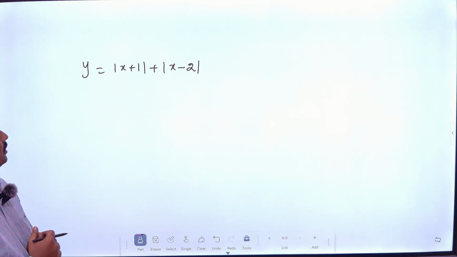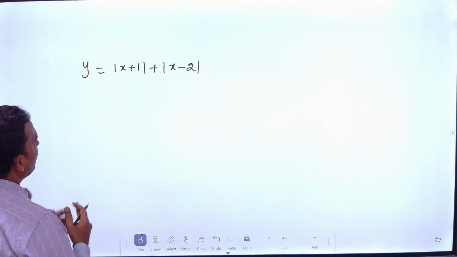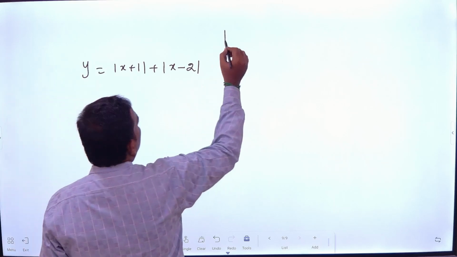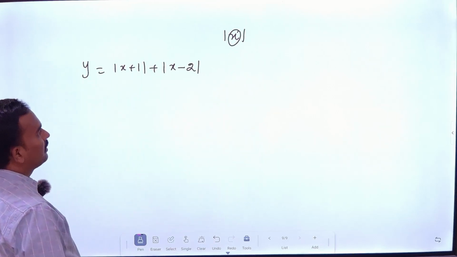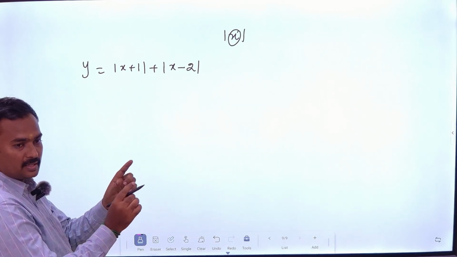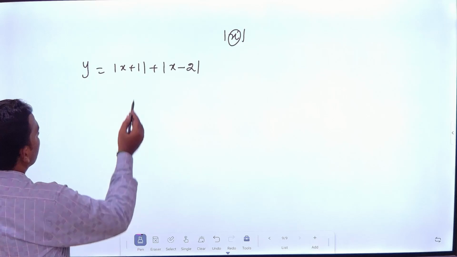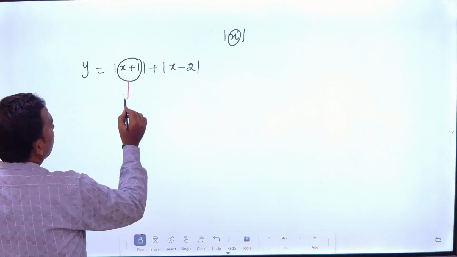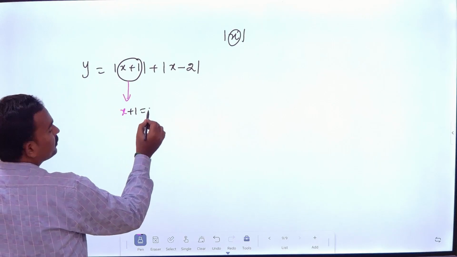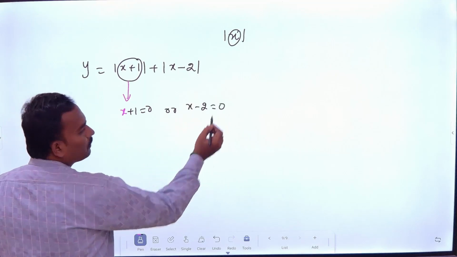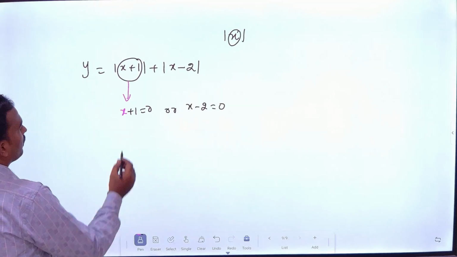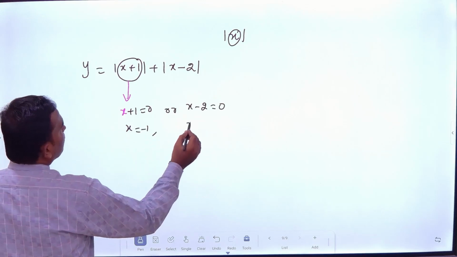You already know the mod x graph, so the breaking point is found by equating whatever is inside the modulus to 0. So x plus 1 equals 0 or x minus 2 equals 0, so x is equal to minus 1 and x is equal to 2.